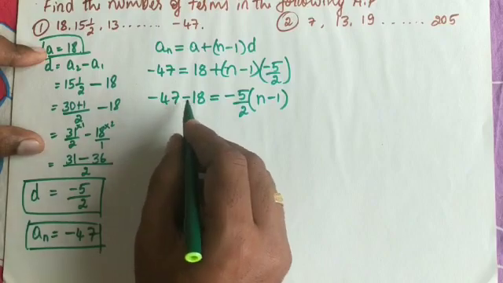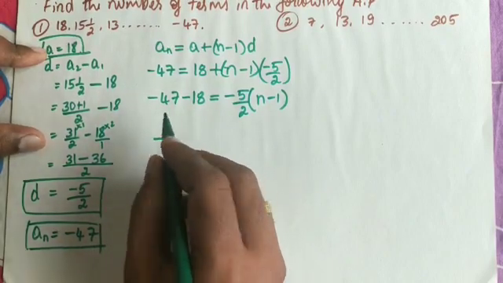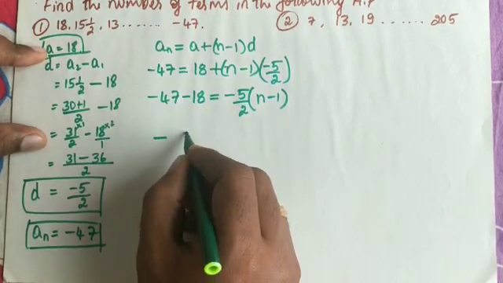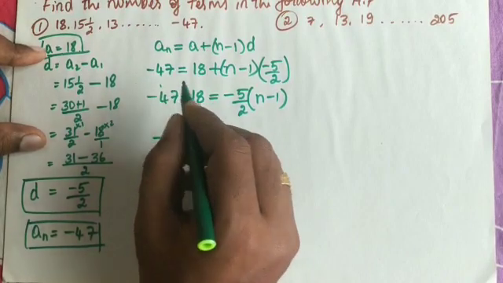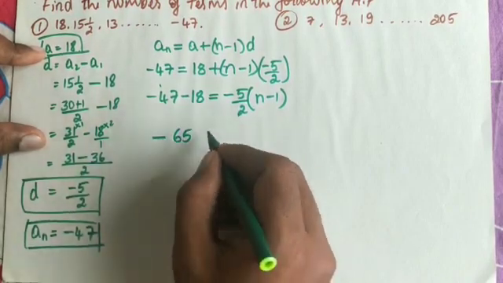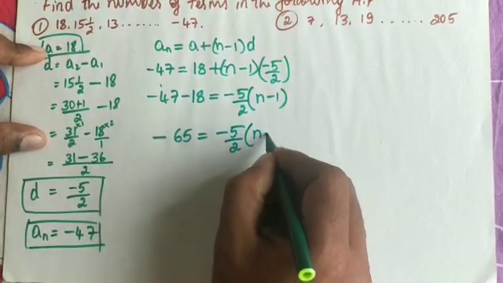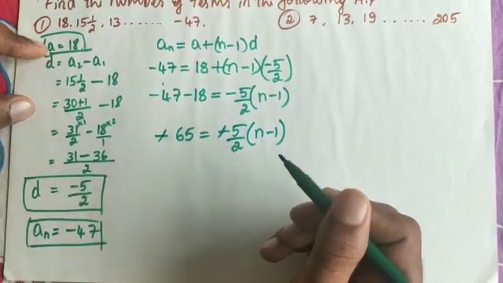As both the signs are negative, we will be using the minus sign. 8 plus 7 is 15, 5 and 1 carry, 4 plus 1 is 5, 6, so 65 is equal to minus 5 by 2 into n minus 1. Here also a minus sign and here also a minus sign, both cancel.